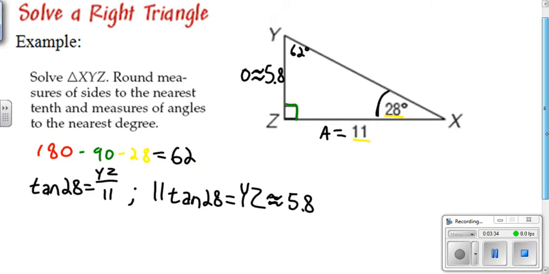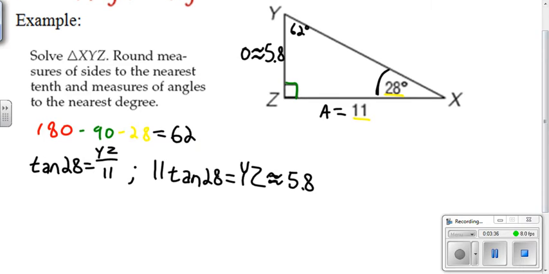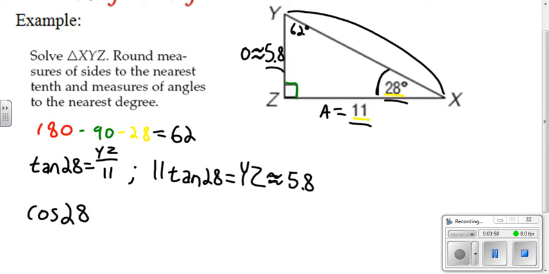If we want to look at our last value then, that hypotenuse, the h value right here. And again, we know that we're using 28 and are given 11. We could use the 5.8 if we want, but let's use the 11 because it's a little more exact. So in this case, we would say that the cosine of 28, cosine because we need adjacent and hypotenuse, cosine of 28 equals 11, the adjacent, over the hypotenuse, which is our YX.